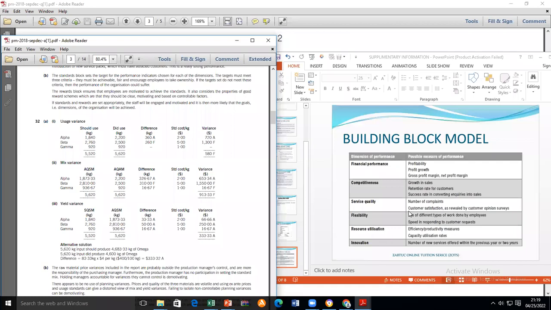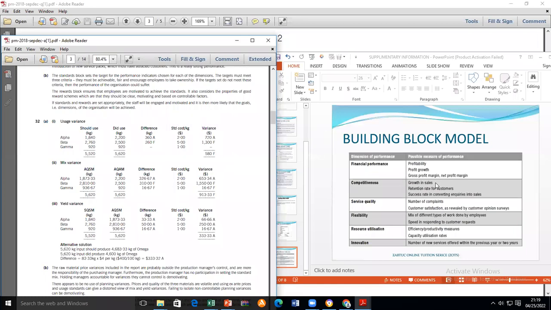Okay, so I'm trying to share some space here. So these are some of the dimensions. For instance, profitability, profit growth, or gross profit margin. So you can take gross profit margin here. So the point is that the standard block sets a target for a performance key indicator for each of the dimensions.